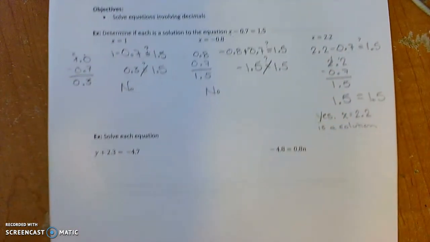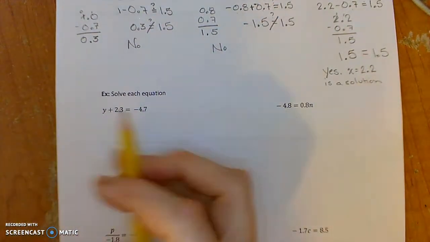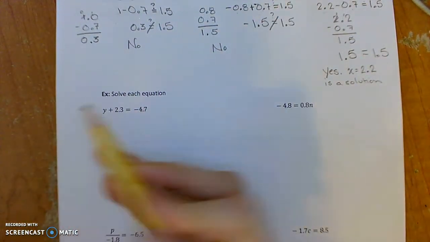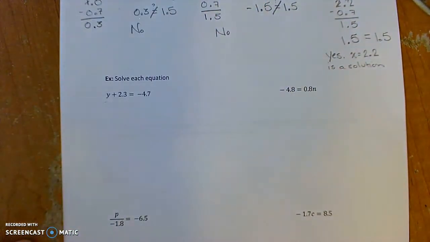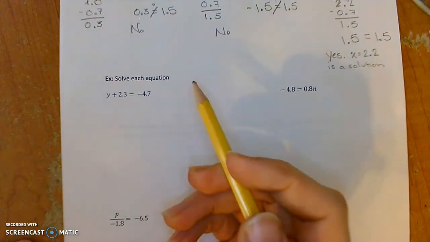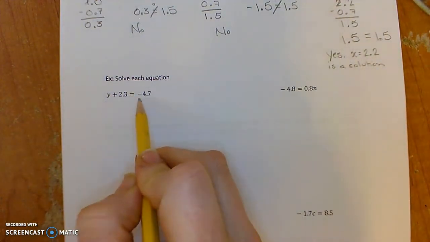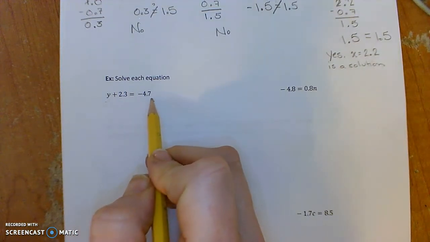Now let's go ahead and solve each one of these equations. The trick is always to try to isolate the variable, that is, get the variable by itself on one side of the equation. Also, it's helpful to know what is the operation that you're trying to undo to get the variable by itself. So y plus 2.3 equals negative 4.7.